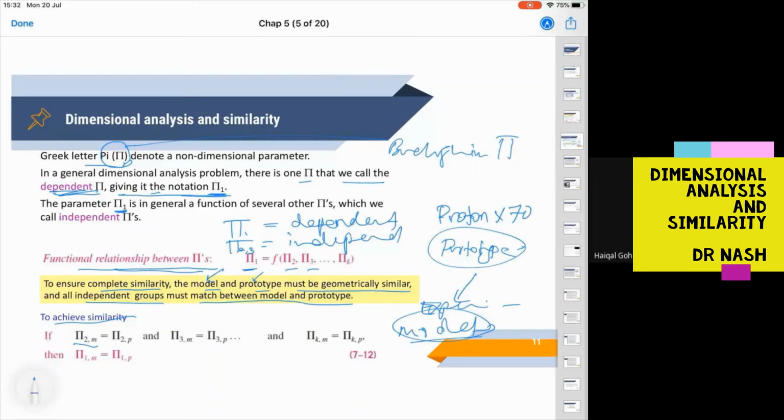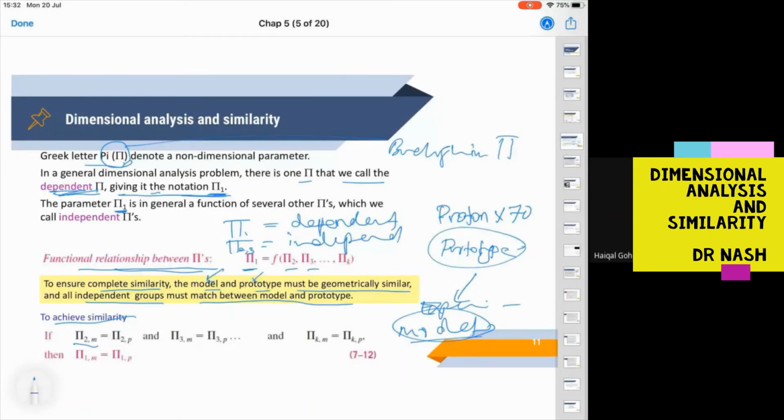But in this case, we just play with the Proton X70 that has a specific weight and a specific length and so on. So it is independent, not dependent. We don't calculate it under different conditions. In this case it must be independent. So we name it pi2.